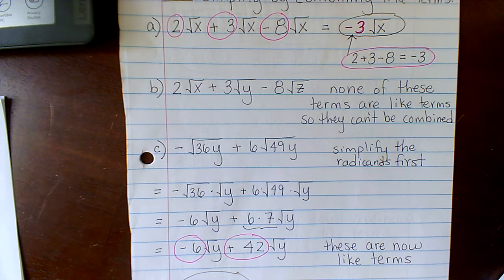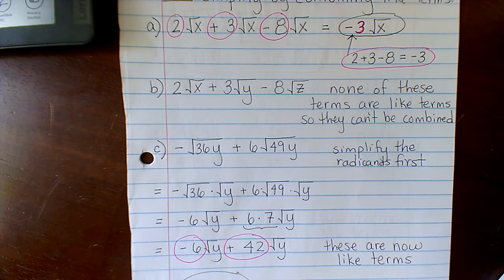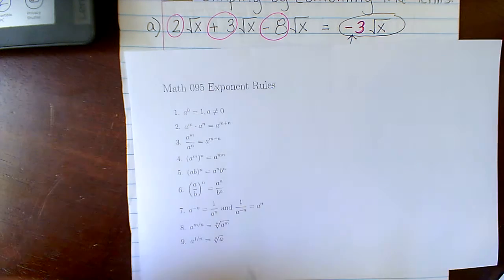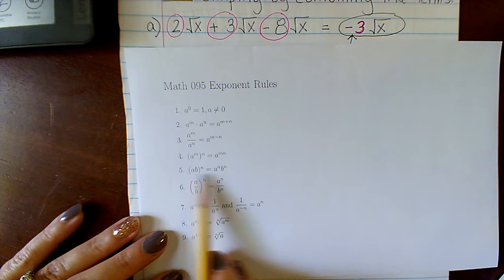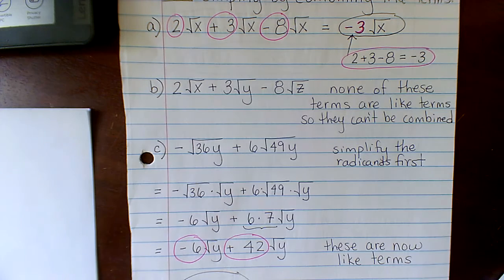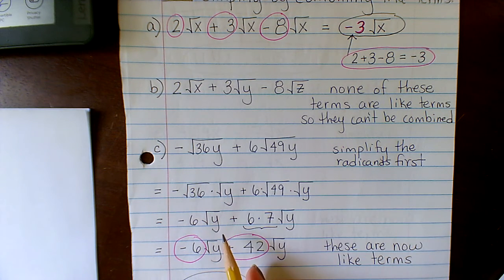Remember, the radicand is the thing under the radical. So for instance, that 36y, I can use this property right here, number 5. I can use that exponent rule number 5 to split this up into two radicals.